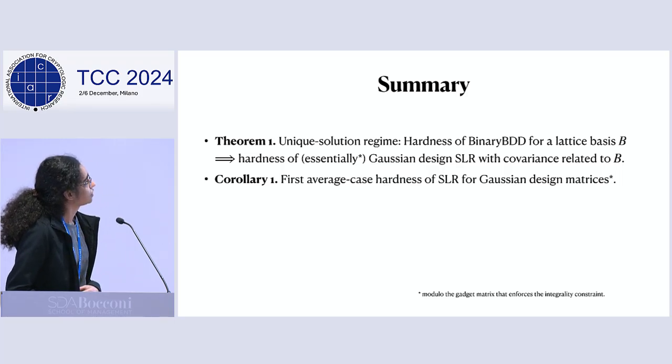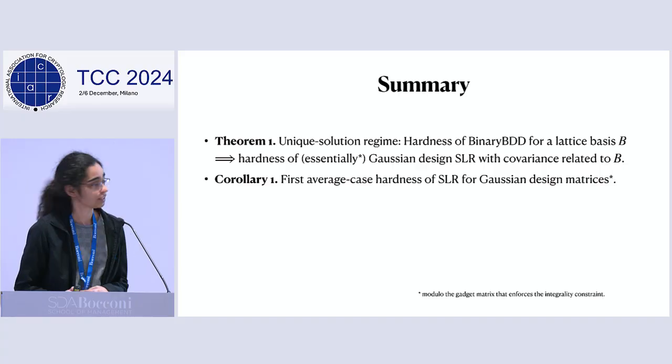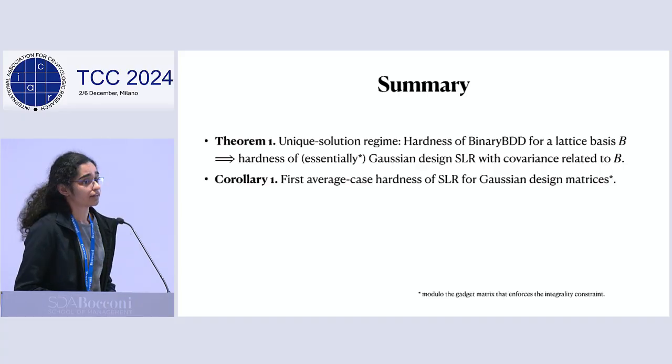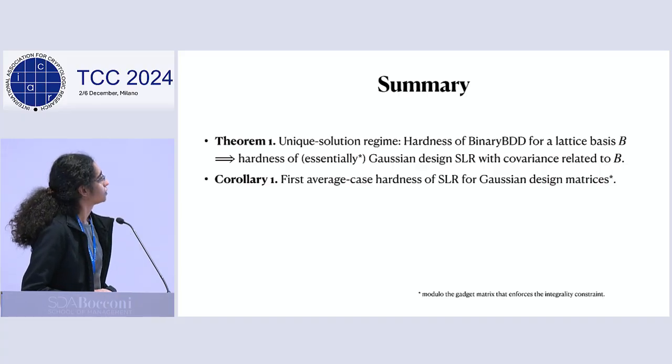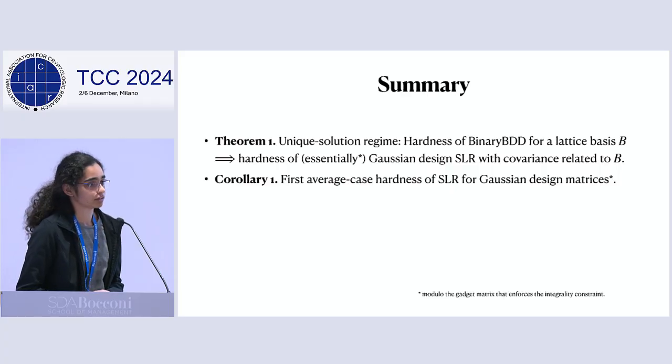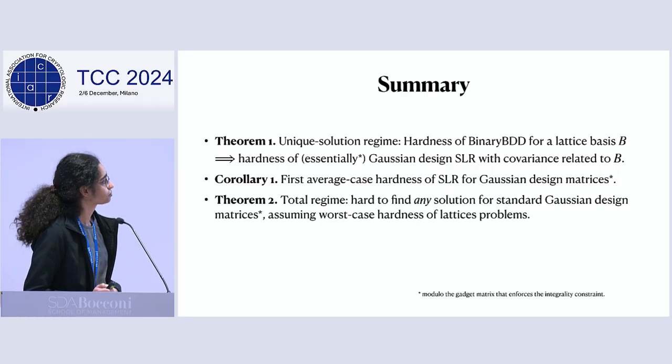And our second theorem states that in the total regime where you have many solutions, it's hard to find even a single solution, assuming worst case lattice problems are hard. And I should repeat, all of these matrices are not exactly Gaussian. They have a bottom block that's a fixed gadget matrix to enforce this integrality constraint.